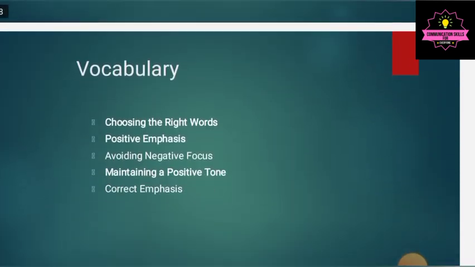And next one, vocabulary. This is like language for professional presentations. Choosing right words. Use precise and appropriate vocabulary so that you can make your presentation effective. Like example, choosing specific terms relevant to the audience. So don't use difficult jargon. Avoid jargon or complex words unless necessary.